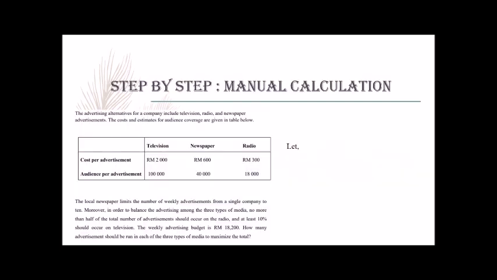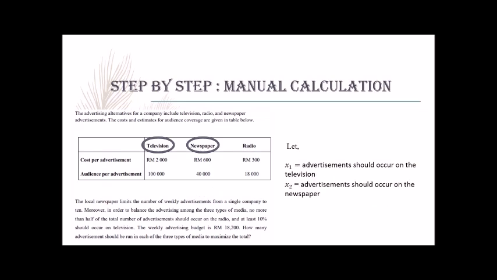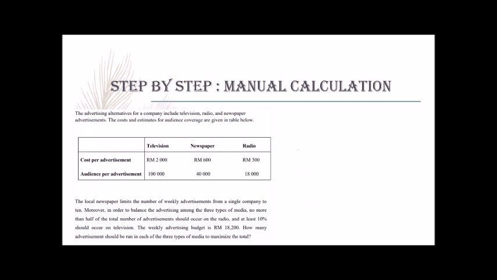First step of solving this problem, we need to define the variables. From the question, let x1 be the advertisements that should occur on television, x2 the advertisements on newspaper, and x3 the advertisements on radio. Next, we need to set the objective function.